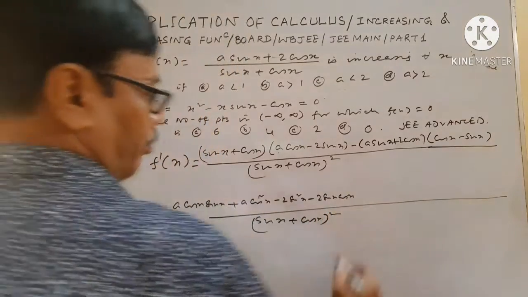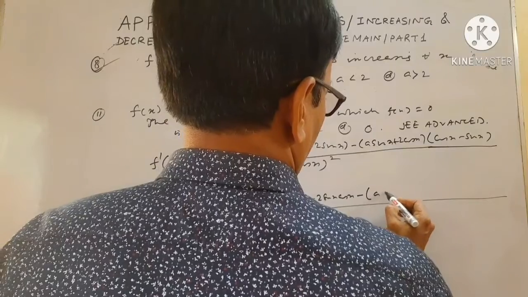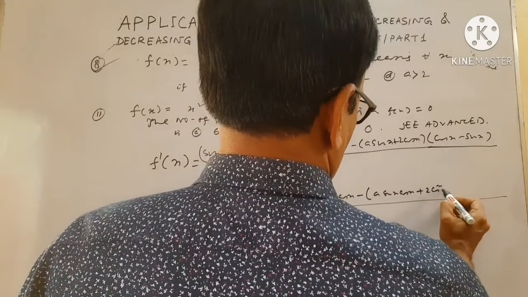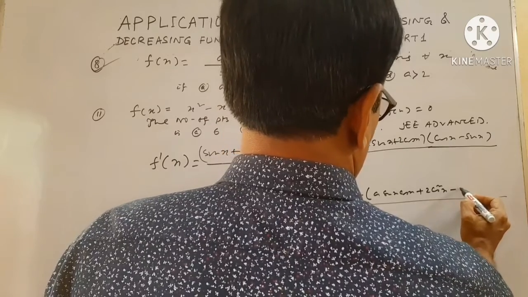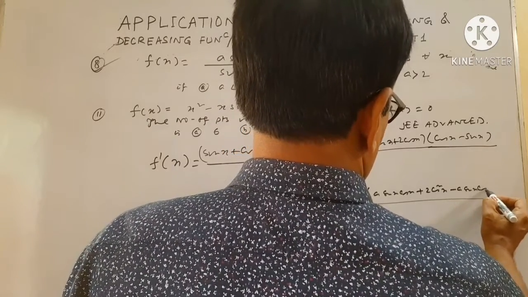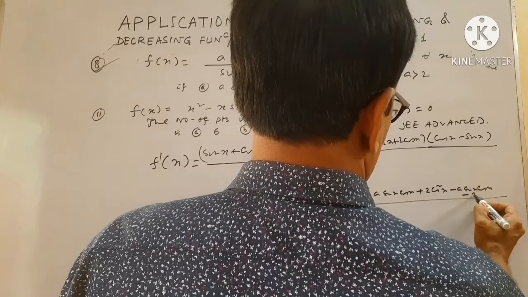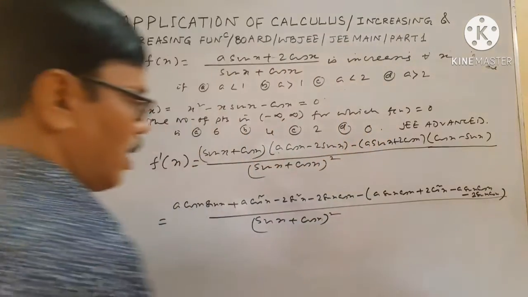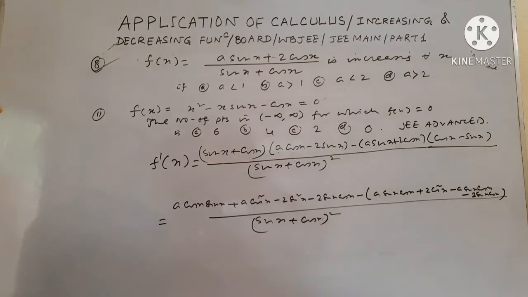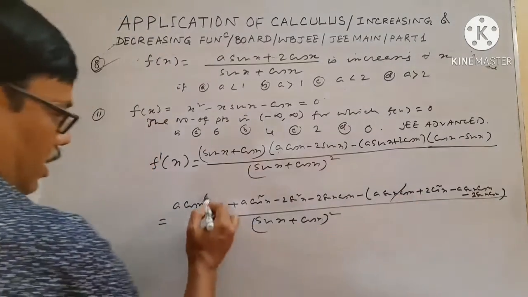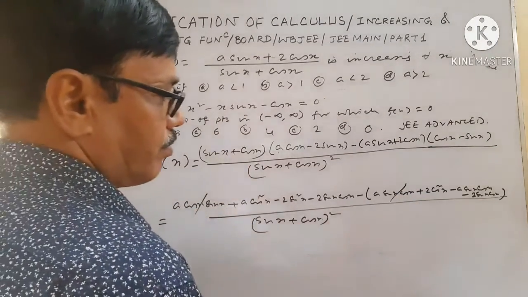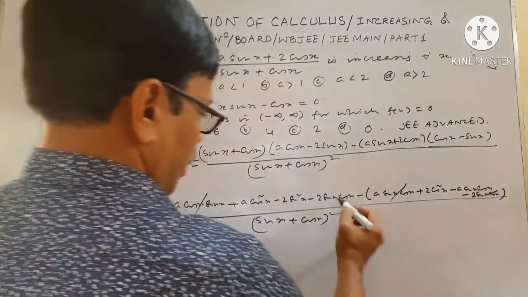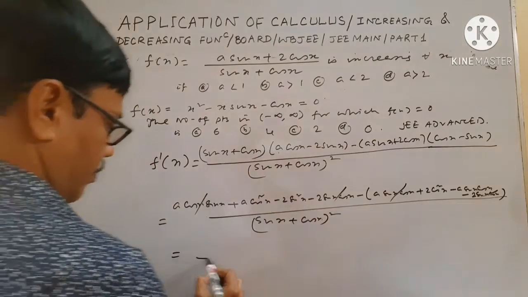Then the fourth term: minus a sin x cos x, minus 2 cos square x, plus a sin x cos x, plus 2 sin x cos x. So a sin x cos x and minus a sin x cos x cancel, and minus 2 sin x cos x and plus 2 sin x cos x cancel.